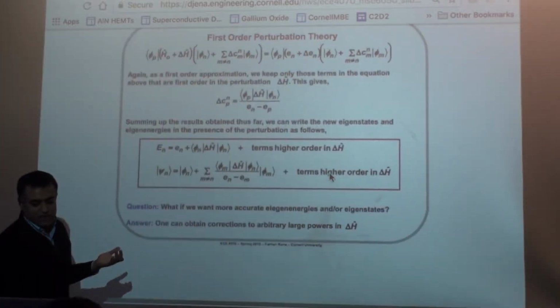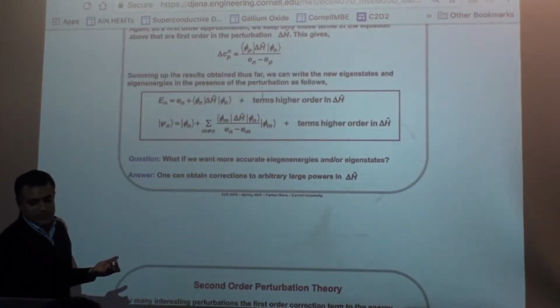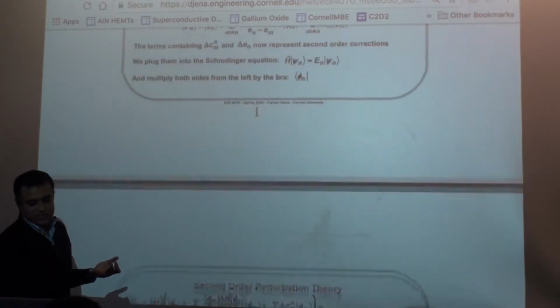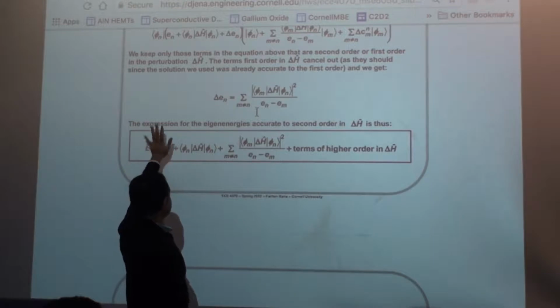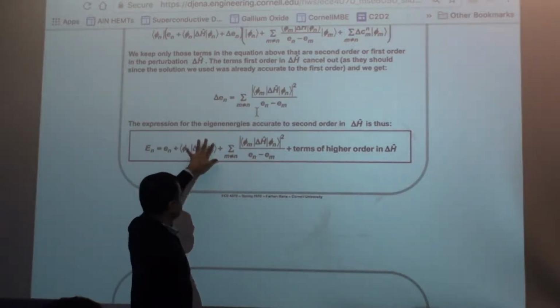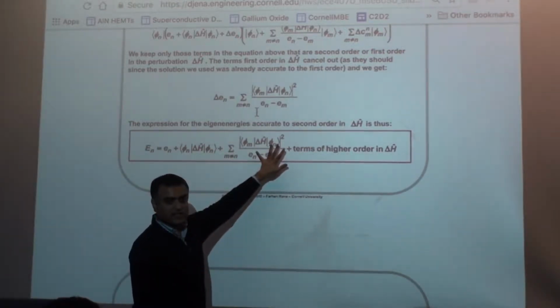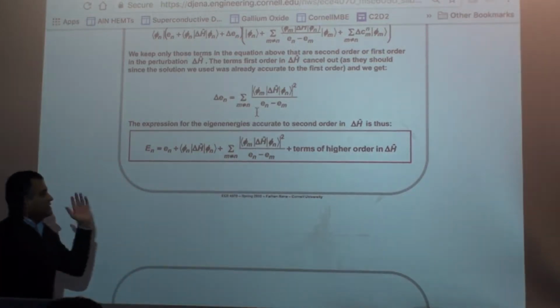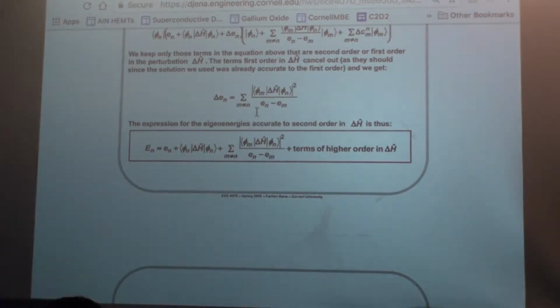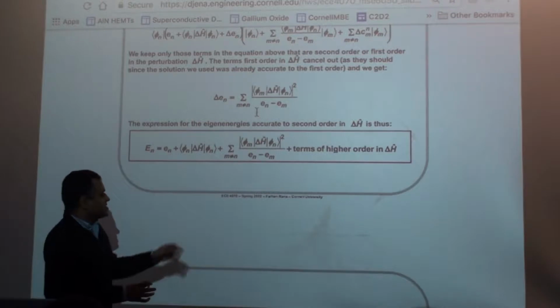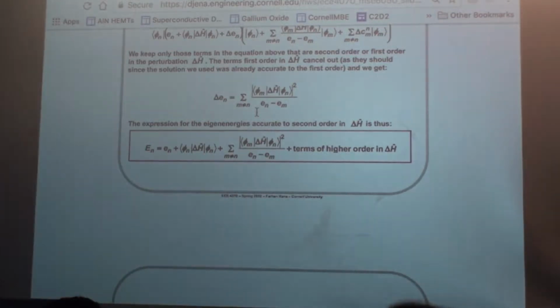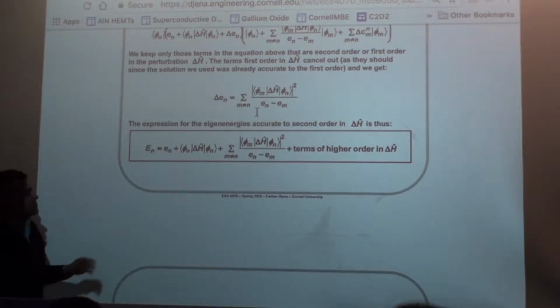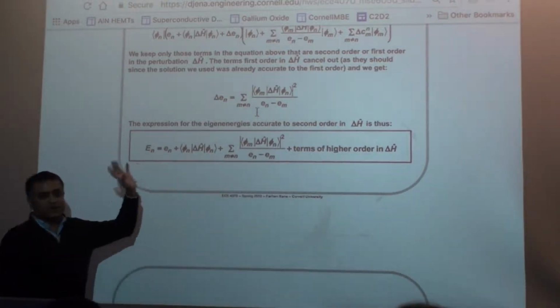And the new eigenvalues: this is the first order term that I mentioned, and the full-blown second order term is something we need as well. So these are the new eigenvalues: the old eigenvalues plus the first order plus the second order term. I realize that this is a 4070/6050 class, and in many condensed matter solid state physics courses you would not even invoke this, you can hand wave your way through it.